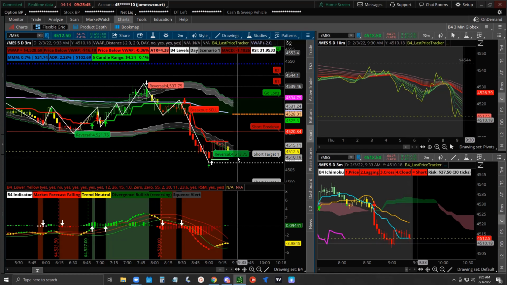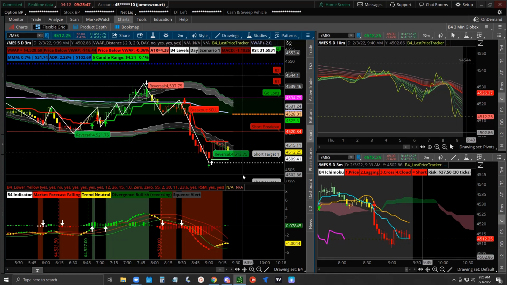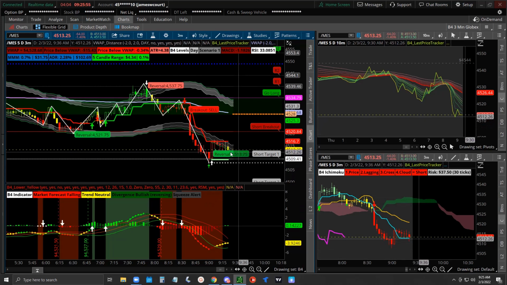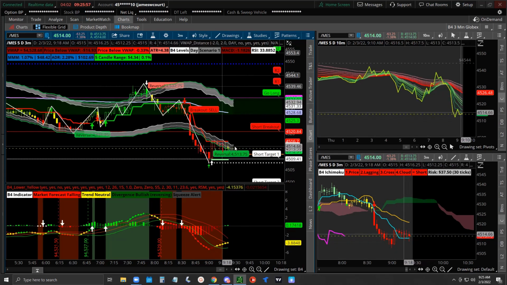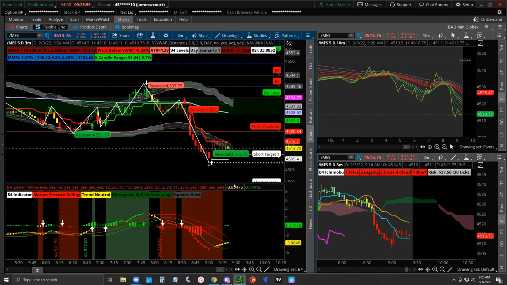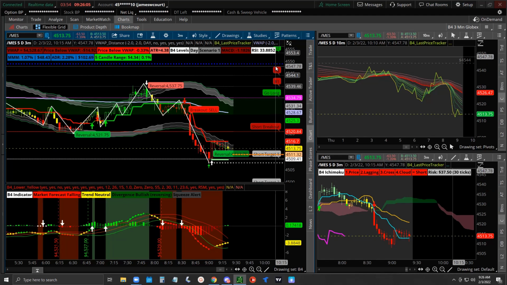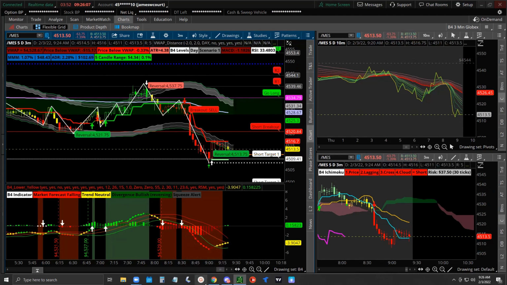We could end up coming down to this level now. These are shifted a little bit, so I'm gonna put it there. That's wave 2. We could end up coming all the way down here if we have a bearish day today. So I'm gonna leave it like this to keep an eye.